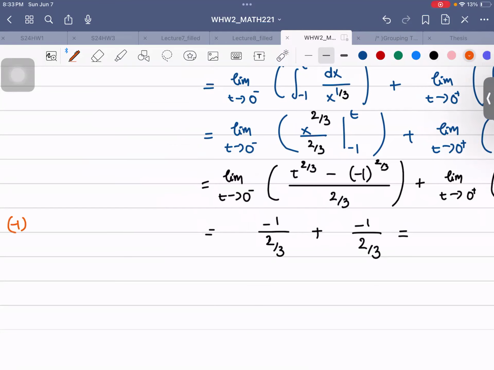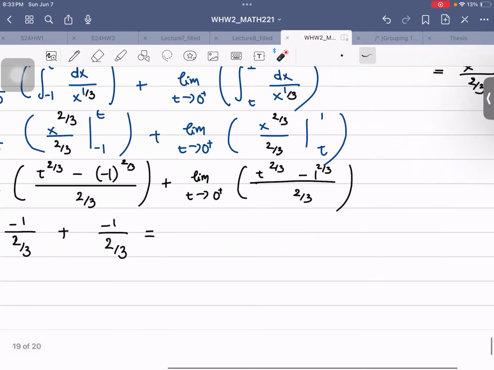Negative 1 over 2/3 is just the cube root of negative 1 squared. The 3 becomes the cube root, and the 2 you write again, and you have the cube root of 1, which is 1. Because you still have the negative sign in front, you have negative 1. The same thing for this one: the cube root of 1 squared, so at the end you have 1, and with the negative sign, you have negative 1.